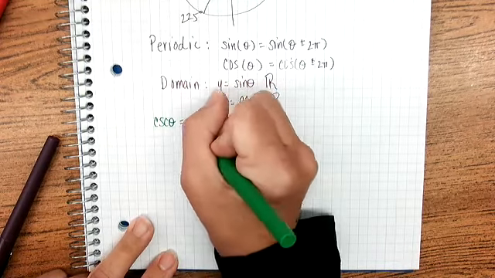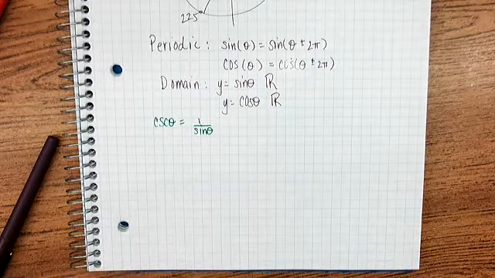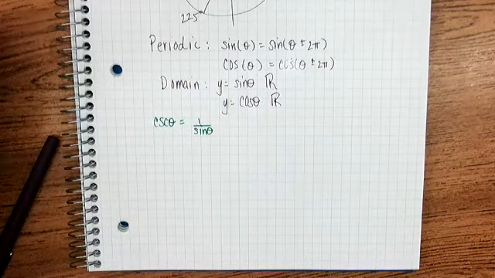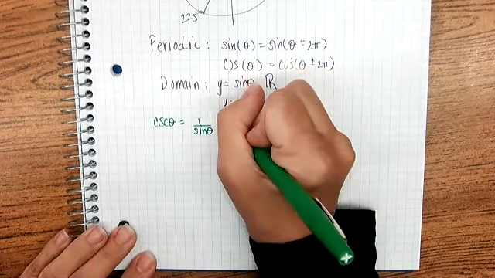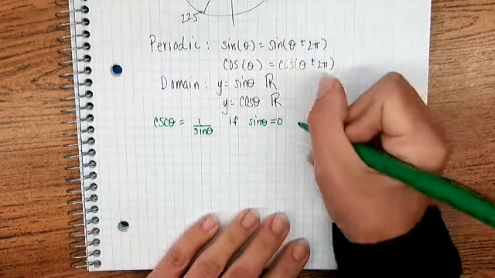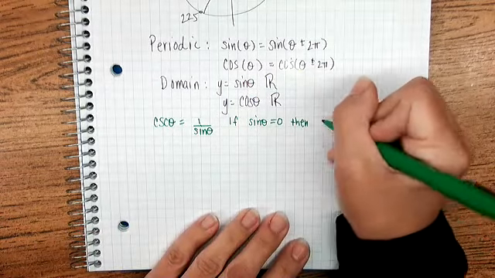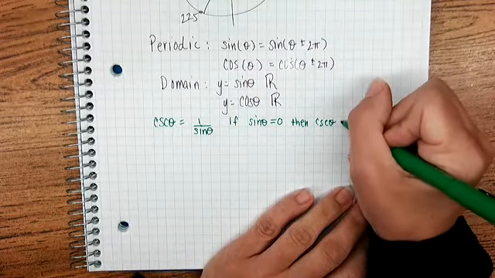Cosecant is 1 over the sine. This is a problem. If the sine is 0, then the cosecant is undefined.